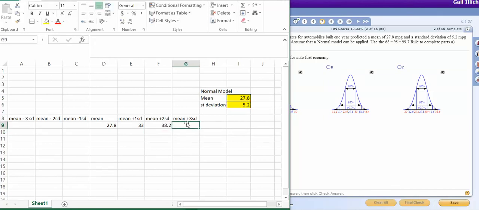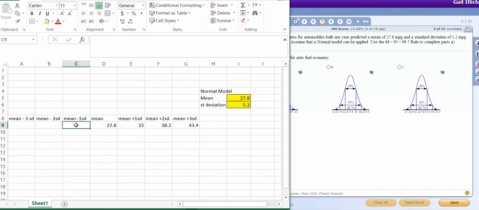And then the mean plus 3 standard deviations. So I'm going to do an equal sign, the mean, and then plus 3 times, which is shift 8, the standard deviation in I6. If you're doing it this way, then every time I get a new problem, I can just change right here, and it'll automatically generate the values.